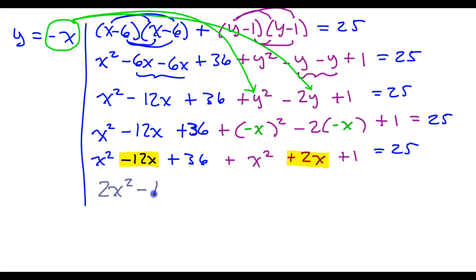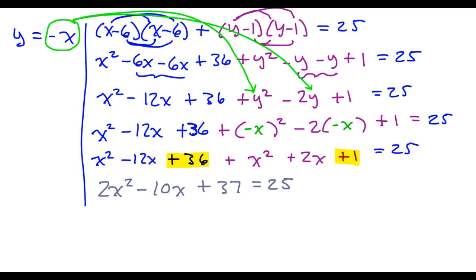That's going to make negative 10x. Negative 12 plus 2 is negative 10. Then we have our constant terms. So I've got my 36 and my positive 1. So that's going to make 37. So I've got plus 37, and that's all going to equal 25.